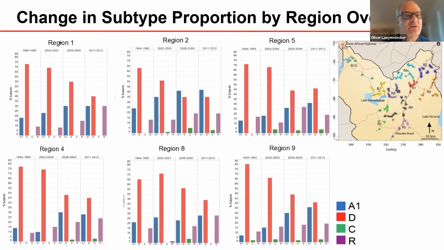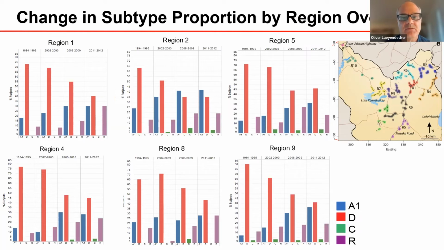And you can see for the regions over time, the first column is 94, 95, then 2002, 2003, 2008, 2009, 2011, 2012. And you see that steady decrease in the proportion of those viral variants which are subtype D, with the decrease in the red lines.